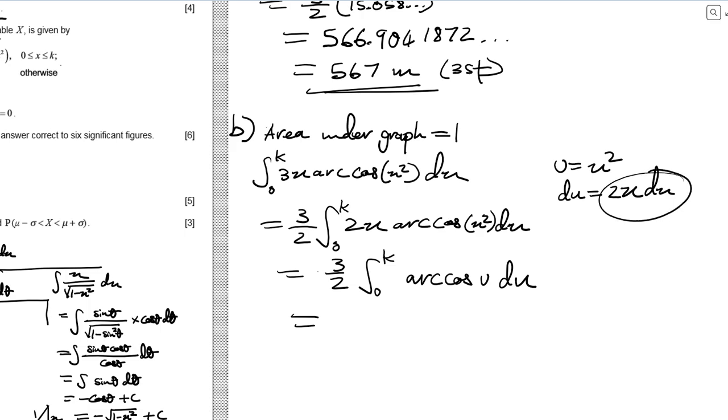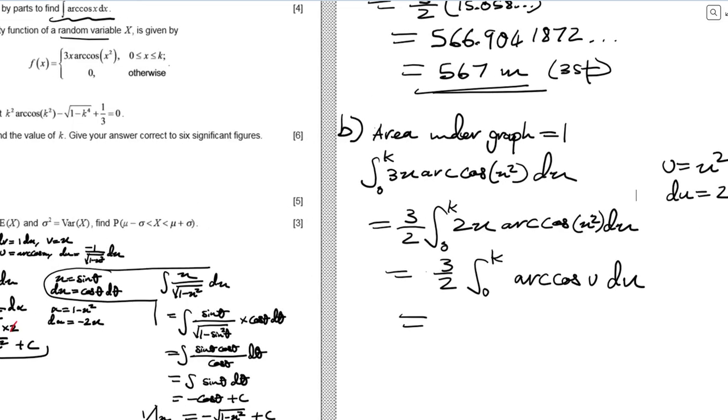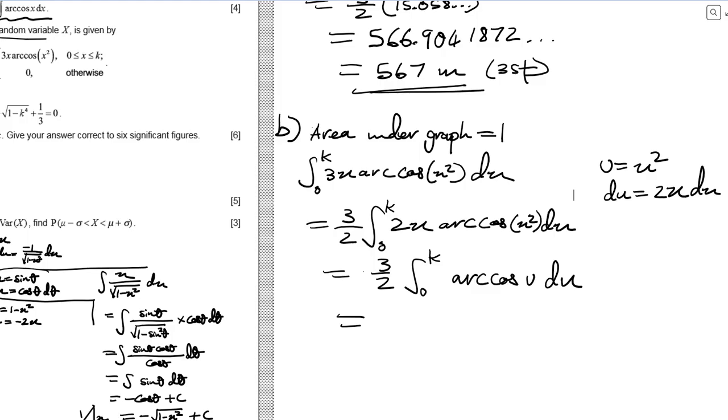I hope you guys can see where this comes from. 2x dx, we're just replacing with du, and our x squared we're replacing with u. That simplifies everything for us. Now all we have to do is solve that using what we just found. We don't even have to do the integral.